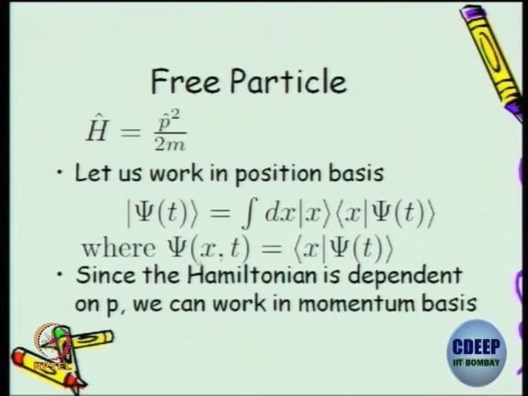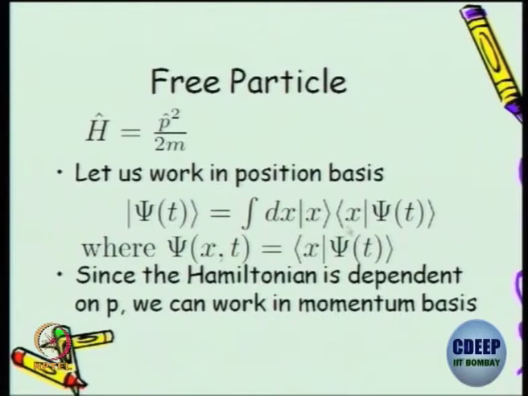And we had also defined how to write the wave function. Here you can also write the time dependent wave function as the inner product of <x|psi(t)>. Since we are working for a free particle, the Hamiltonian is dependent on p.